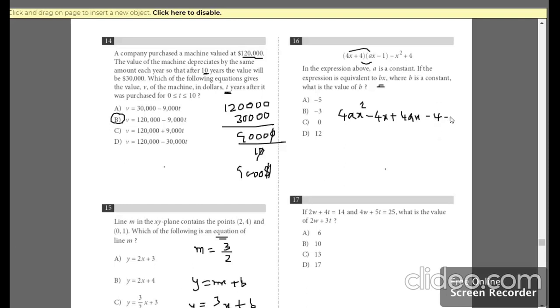Remember, we have negative x square plus 4 attached to it, equivalent to bx. So it is equal to bx, and positive and negative get cancelled, so x square is a like term. Upon taking it together, we get 4a minus 1, and x is also a like term, so I'm going to get 4a minus 4, which is exactly equivalent to bx.